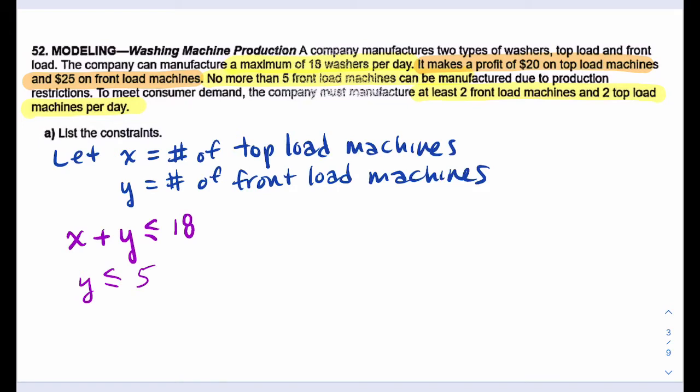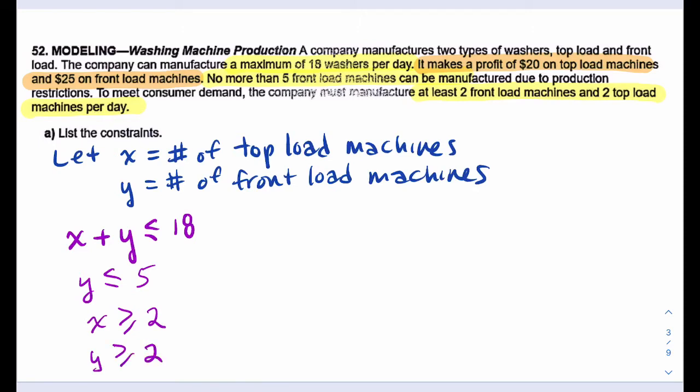And then to meet consumer demand, the company must manufacture at least 2 front load machines and 2 top load machines. So it sounds like x has to be greater than or equal to 2, top load machines, and y greater than or equal to 2, front load machines. They're both 2 actually.